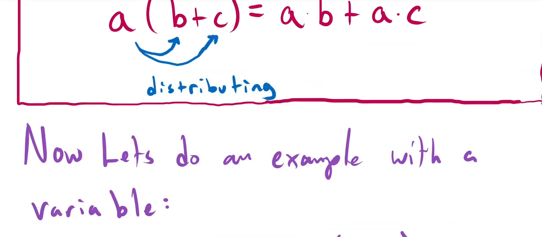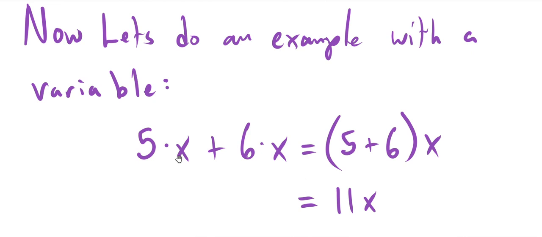So now let's look at an example that has a variable in it. If I have 5x, 5 times x, plus 6x, 6 times x, well, there's a common x to both of them. I could pull the x out. I could pull it out to the right just as easily as pulling it out to the left because multiplication is commutative. And 5 plus 6, well, I know what that is. That's 11. And 11 times x, we usually write as 11x.